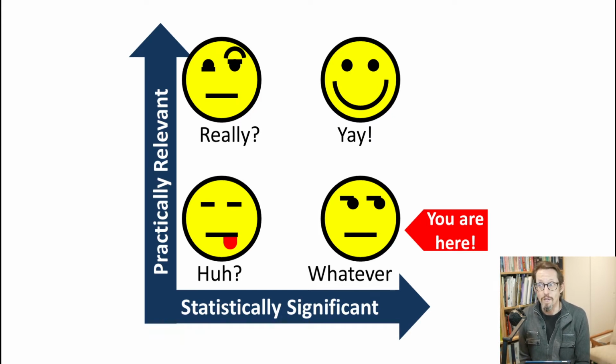Okay, great. Does it grow back like peach fuzz? Or does it grow back so that you've got to go to the barber and get the top trimmed? Okay, so something may be statistically significant without being practically relevant.